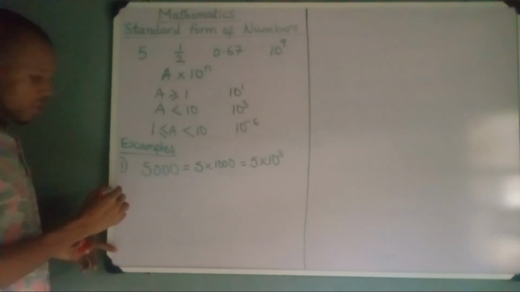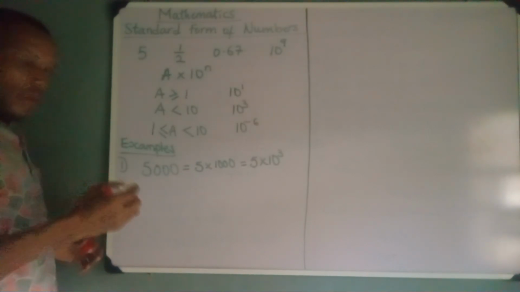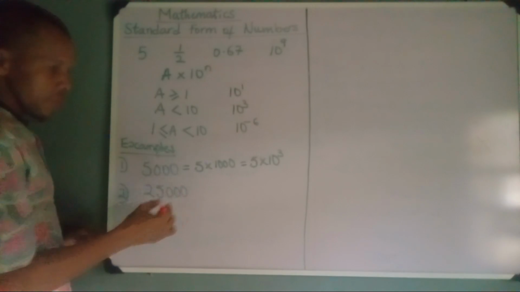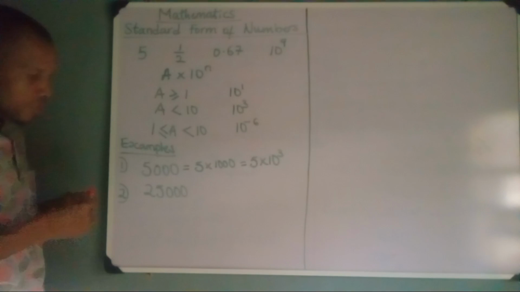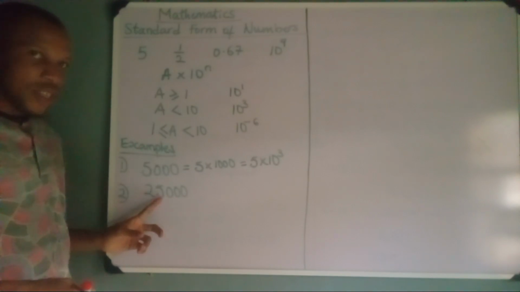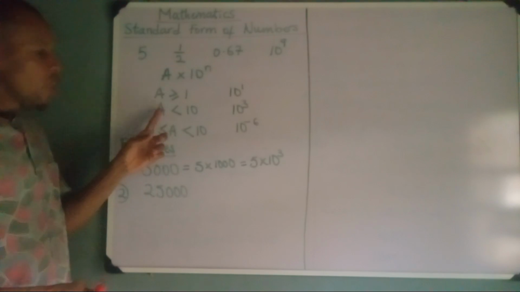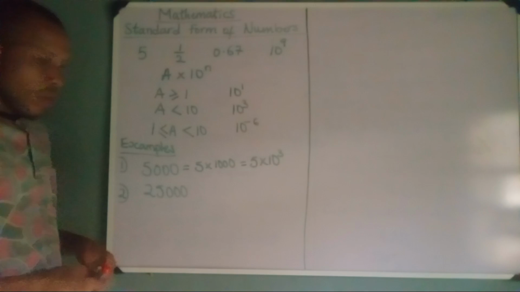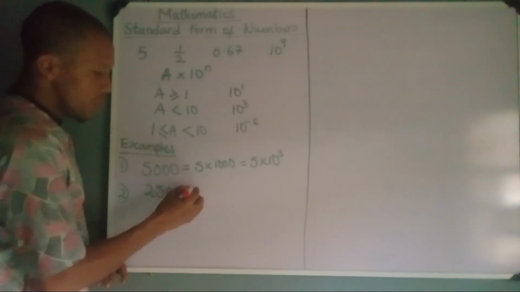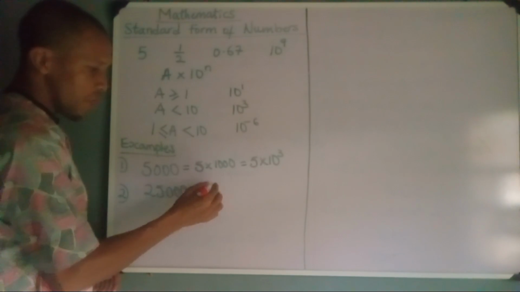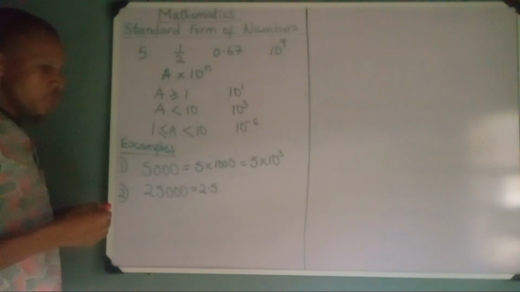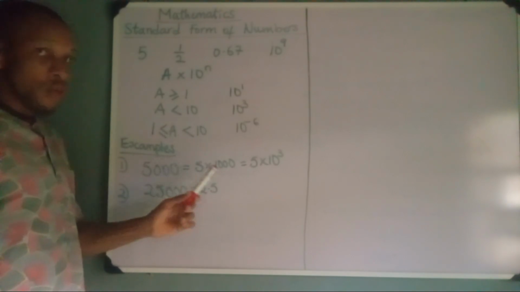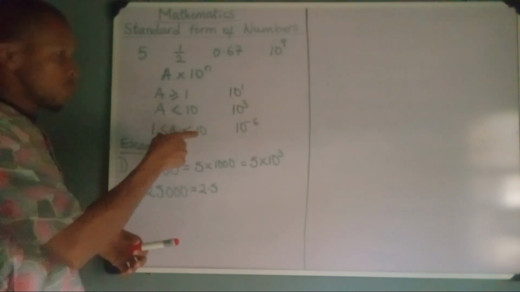Now, let's take a second example. What if you have something like 25,000? Now, in this case, 2 and 5 are significant digits, but we don't need 25. We need a number that is greater than or equal to 1, but less than 10, which means instead of taking 25, we're going to be taking 2.5. So we put decimal after the first significant digit to make sure that we only have unit whole numbers, not whole numbers that run into tens.